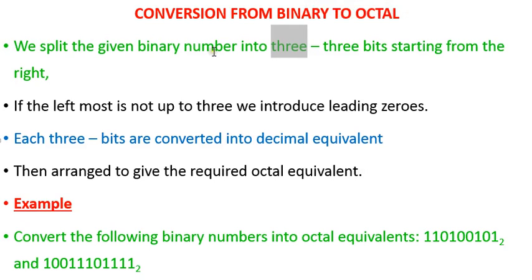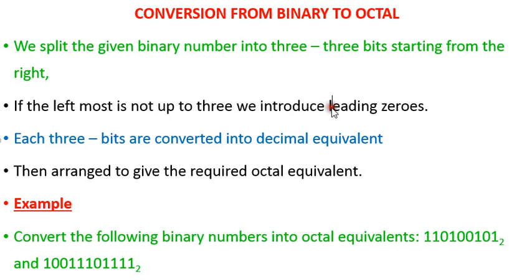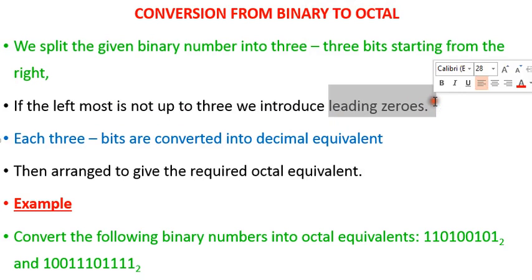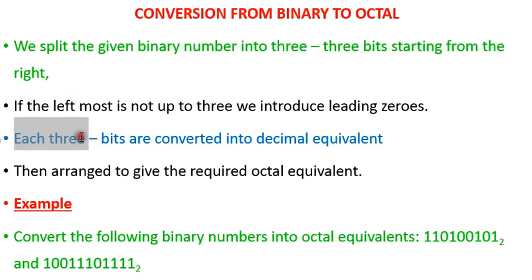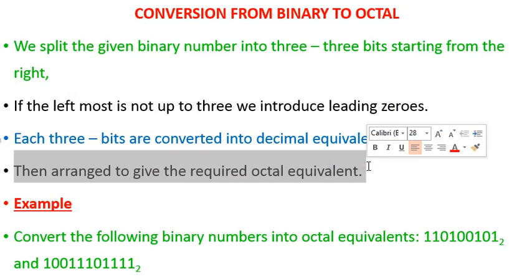And if you reach the leftmost and you find that you don't have up to 3 bits, what you will do is introduce zeros in front of them, and these zeros are called leading zeros. And after that, each of the 3-bit groups, you convert them into decimal equivalents, and then you arrange them to give you your required octal number.